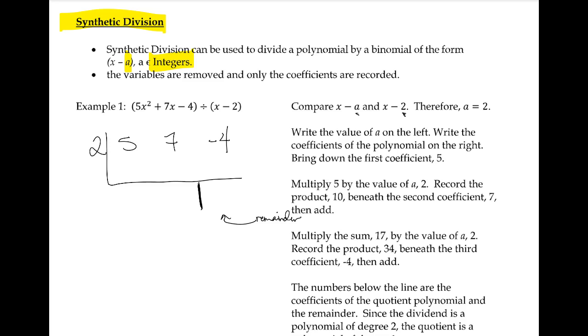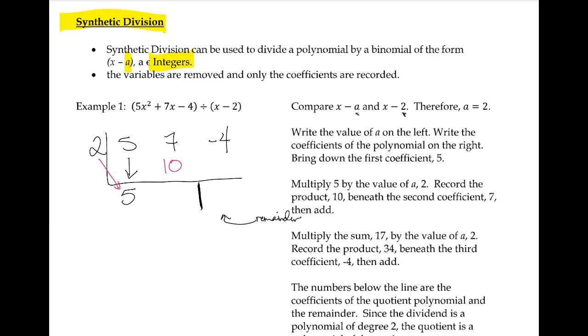Okay, so what we do here is first we bring down the 5. The second thing we do is we multiply 2 times 5, which is 10, and we record it here underneath our second coefficient. We then add. So 7 plus 10.